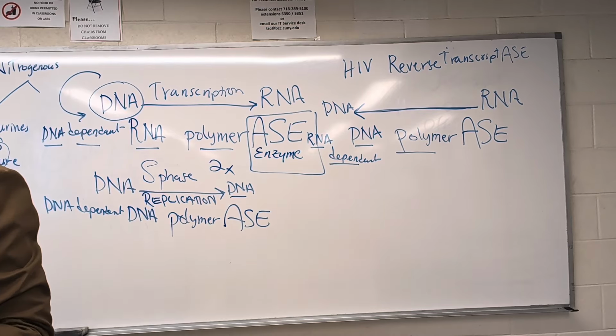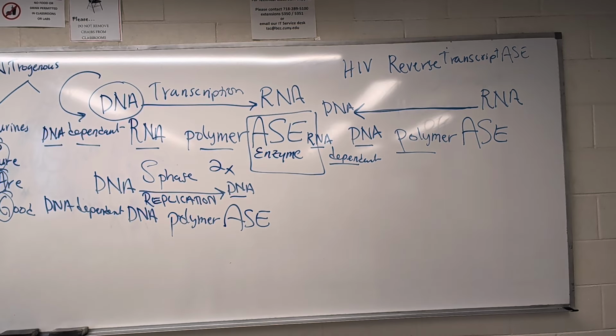So when the HIV virus hijacks your body, it will sandwich its RNA and then convert its own RNA back into DNA, and then hijack your ribosome to translate it. One second.